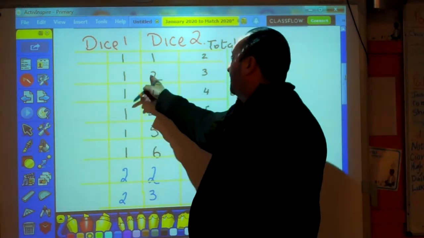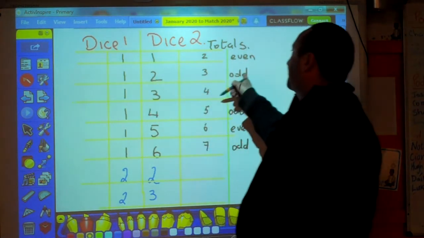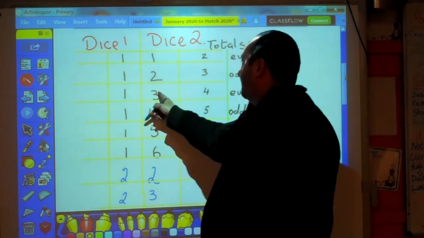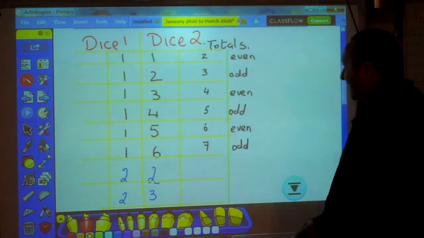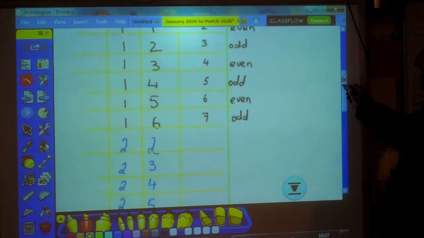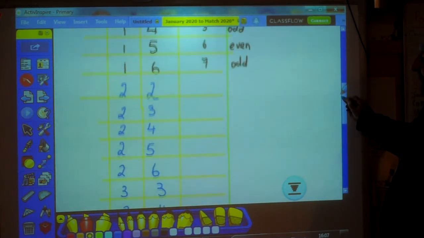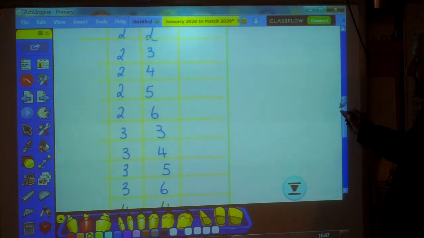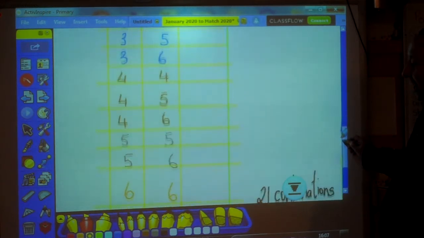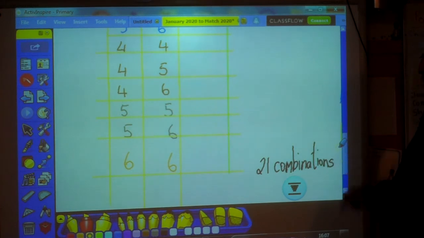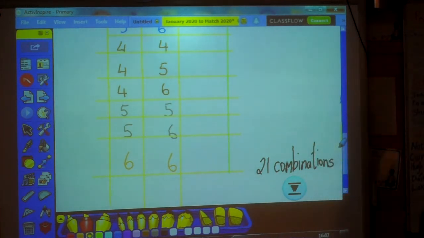You could have had a 1 and a 2, and that totals 3, that's an odd number. You could have had a 1 and a 3, that totals a 4, that's an even number, etc. So you would need to continue that sequence, filling out that little table there, find out what your 21 combinations are, and then you would be able to answer question 8 on page 69 also.